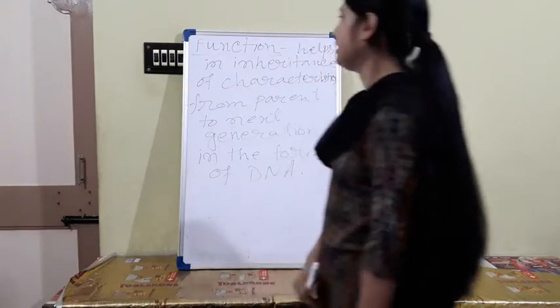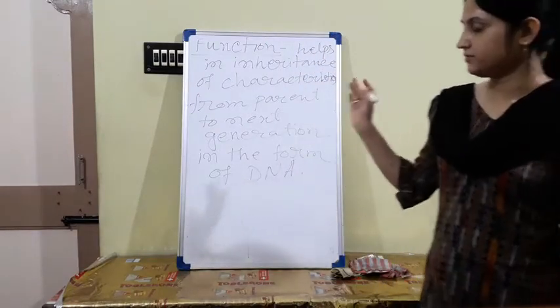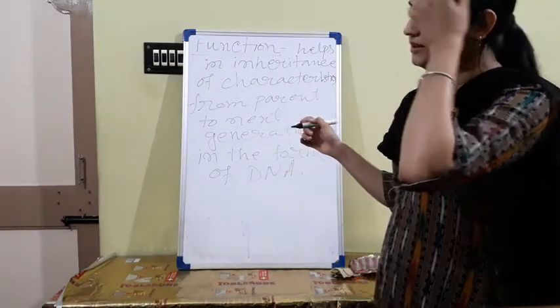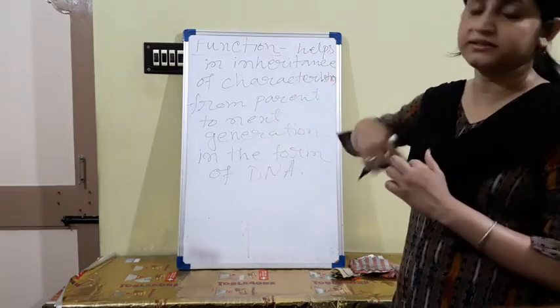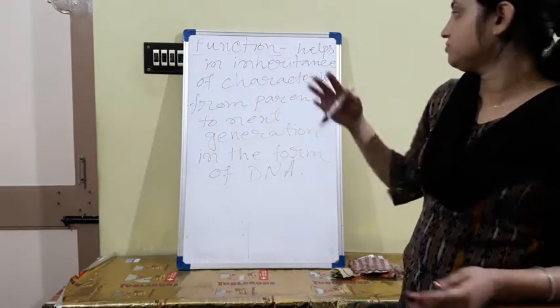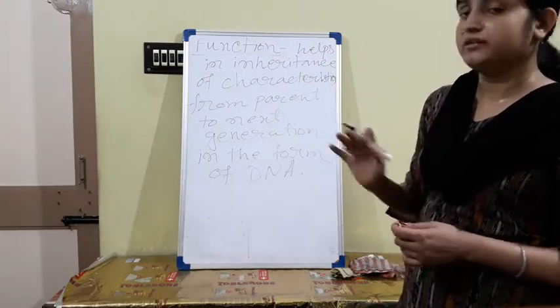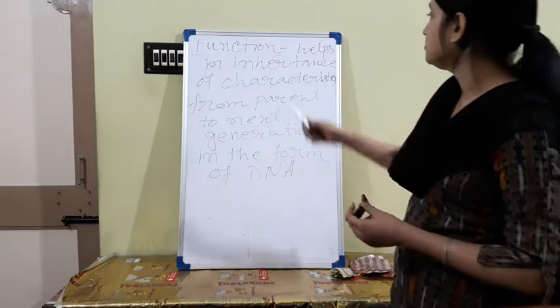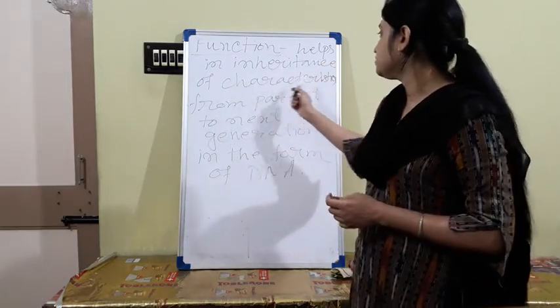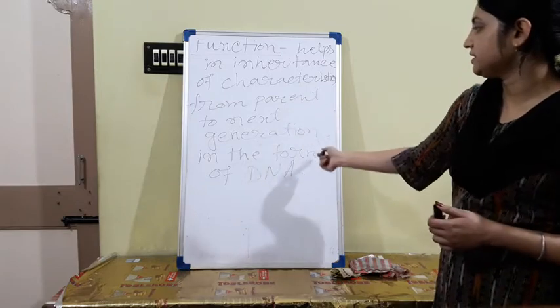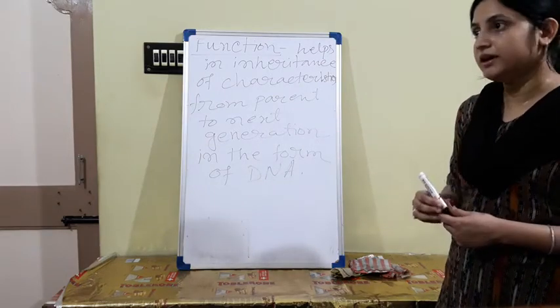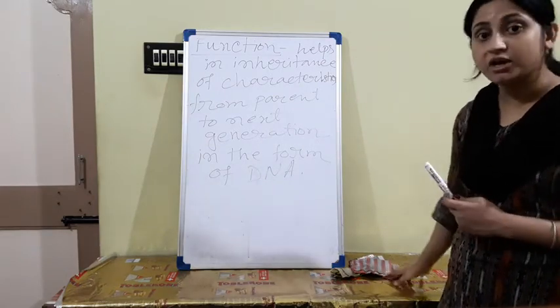That is the main function of the nucleolus and of the chromosome: carrying the necessary information or characteristics from parents to the next generation in the form of DNA. That is the total structure of the nucleus.